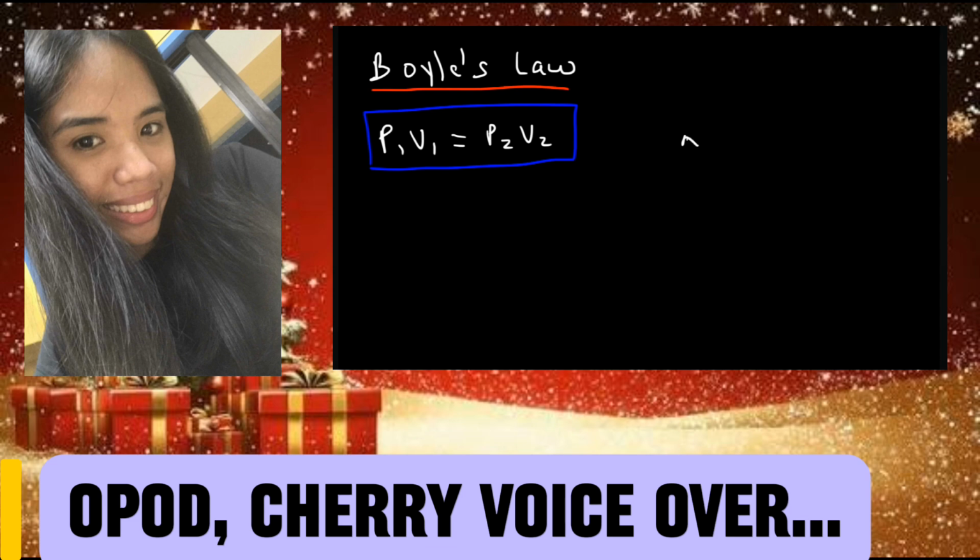Now you need to know the shape of the graph that is associated with Boyle's law. Let's say we plot pressure on the y-axis and volume on the x-axis. We know that as the volume increases, the pressure should decrease. Now, do you think the graph is going to look like a straight line? It's not. Rather, it's going to be a curved line.